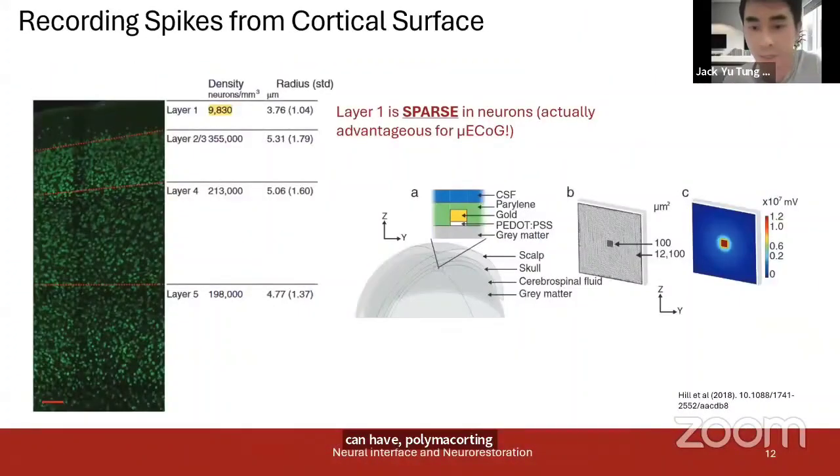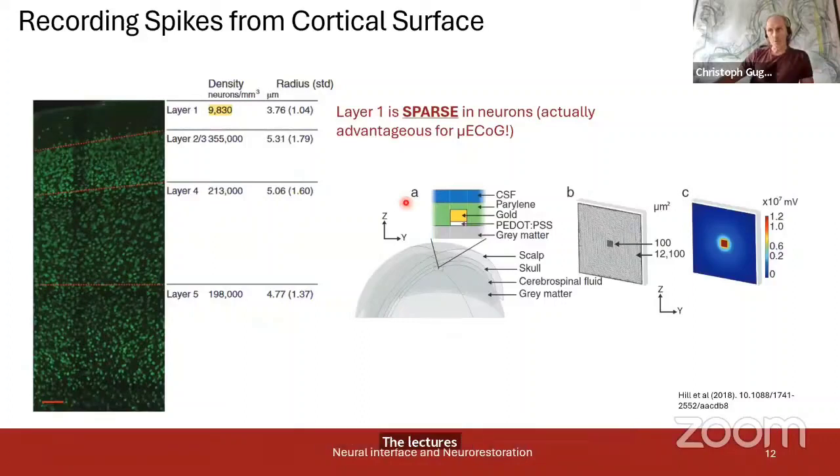Like for example, here you can have a gold electrode, but it's coated with PEDOT polymer. So this prevents erosion of the metal and improves the longevity of the implant. And again, there are other designs to encapsulate the electrodes.